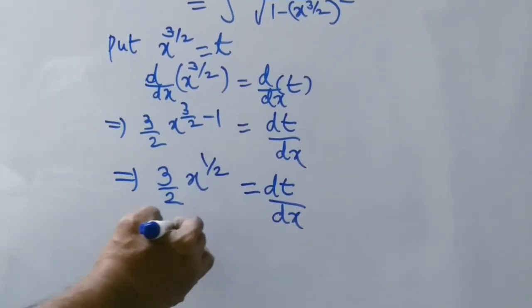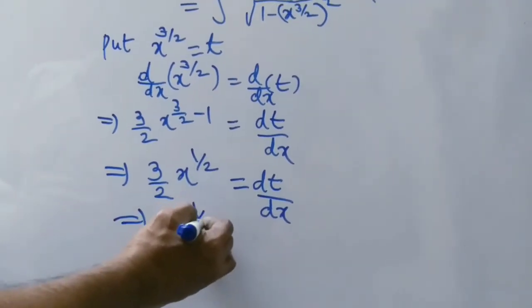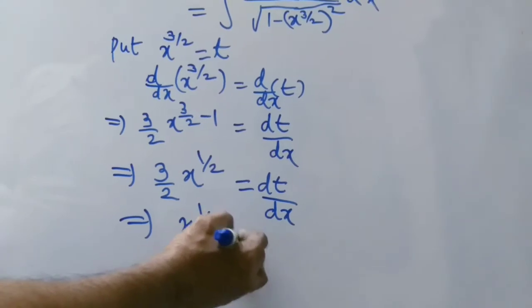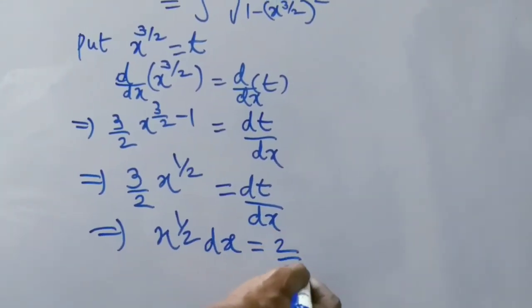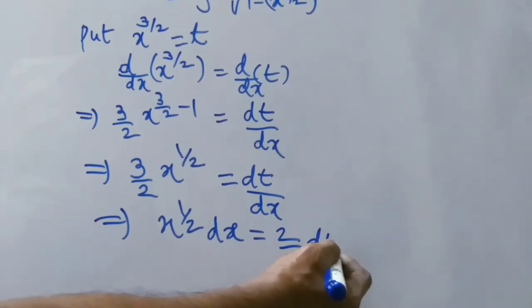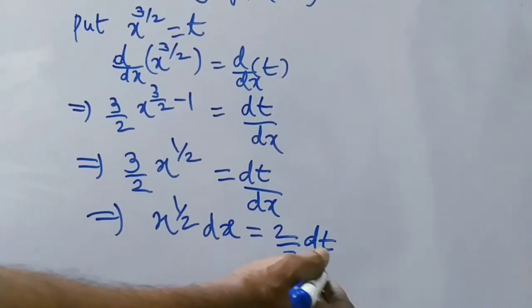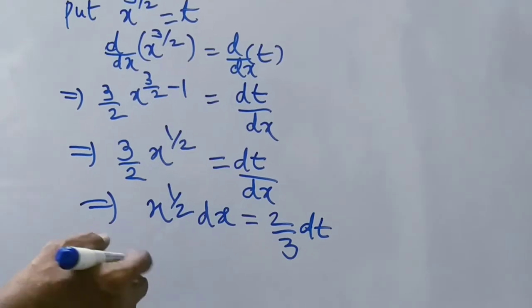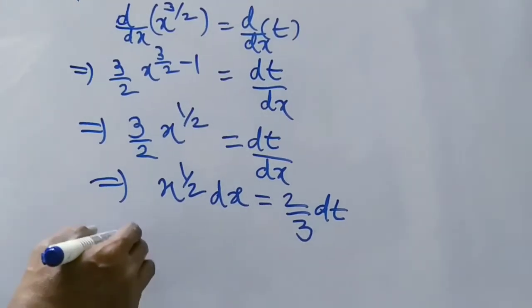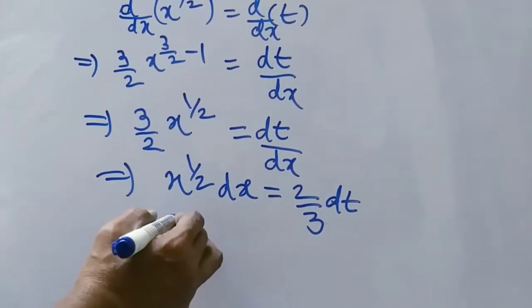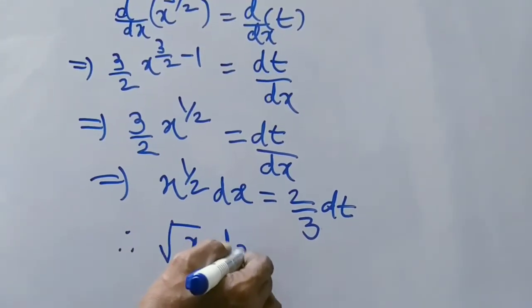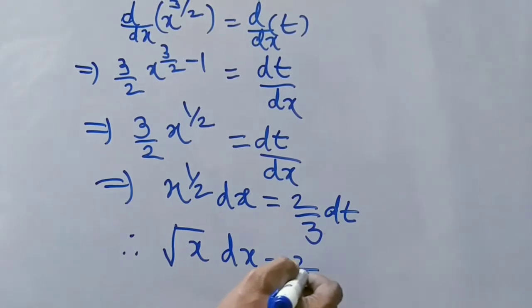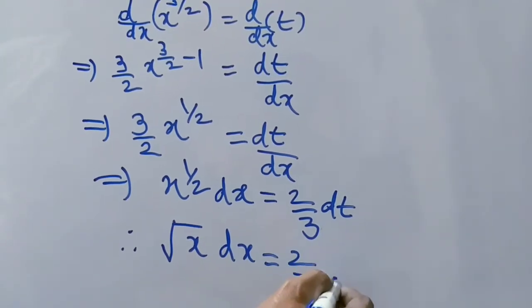This implies x to the power of 1 by 2 dx is equal to 2 by 3 dt. Therefore, since x to the power of 1 by 2 is root x, root x dx is equal to 2 by 3 dt.